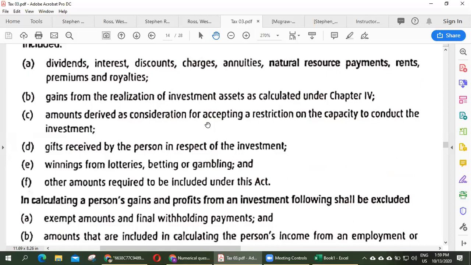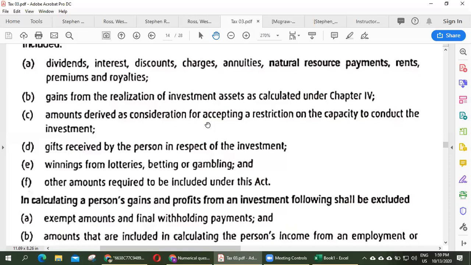That is called dividend. Interest: if you put money into the bank, a fixed deposit or a savings account, the bank will give you an amount, that's interest. Sometimes you can get interest by providing a loan to other persons. Discount, charges, annuities, natural resource payment, rent, premium, and royalties. We will discuss these in detail later.